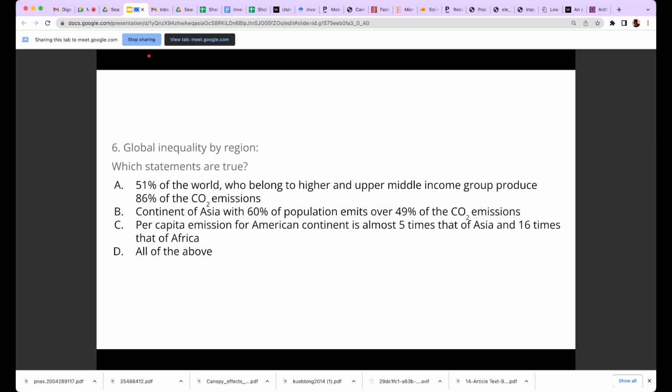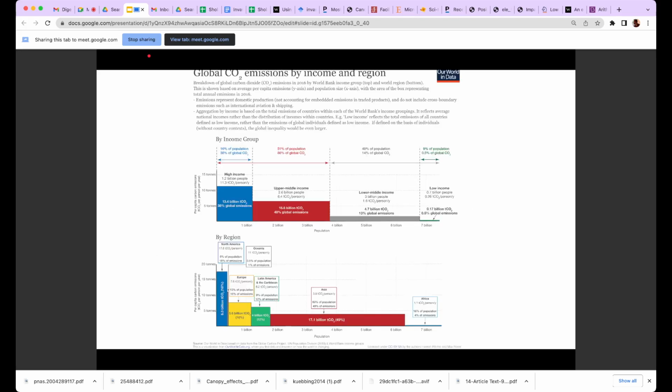American continent is per capita. Okay, so let's just look at the per capita over here. Per capita is basically per person how much. So if we have 1 billion people in our country, and we are producing 20 tons of carbon emission per year, then per capita would be basically 20 tons upon 1 billion.